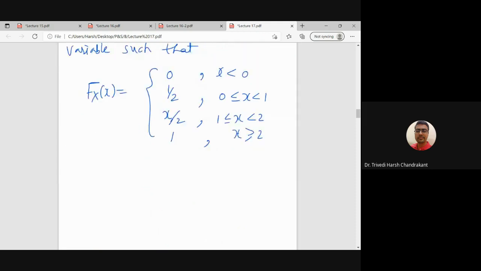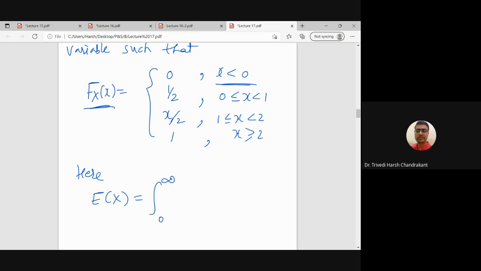What we are finding is the expectation of this mixed random variable capital X. On the left side it is anyway 0, so we need to integrate from 0 to infinity. This is the CDF, so first we need to find the probability density function, that is the derivative.